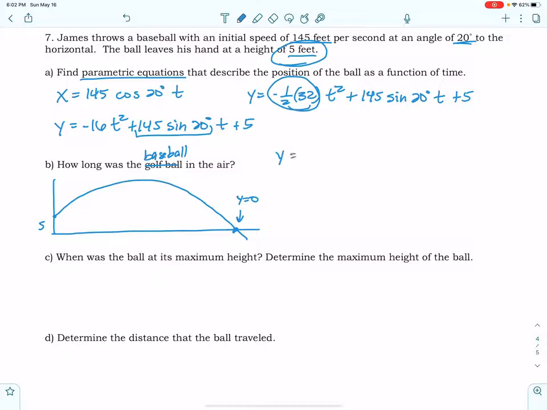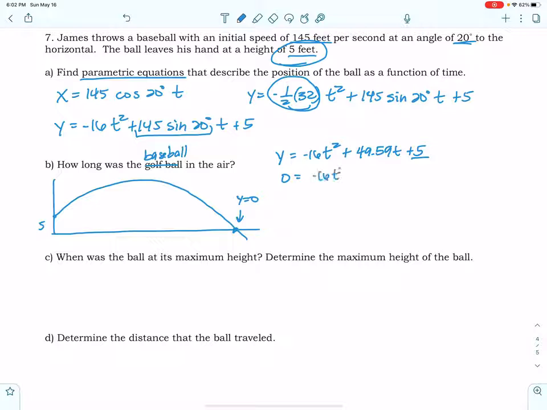So I've got y equals negative 16t squared plus 49.59t plus 5. Now, unfortunately, we cannot factor out t for this particular problem like we did on the last one because of the 5. So that means we're going to have to solve for this equation when y equals 0.